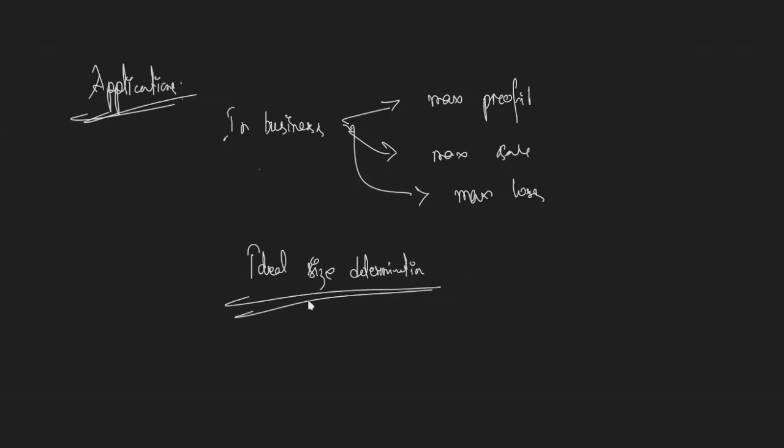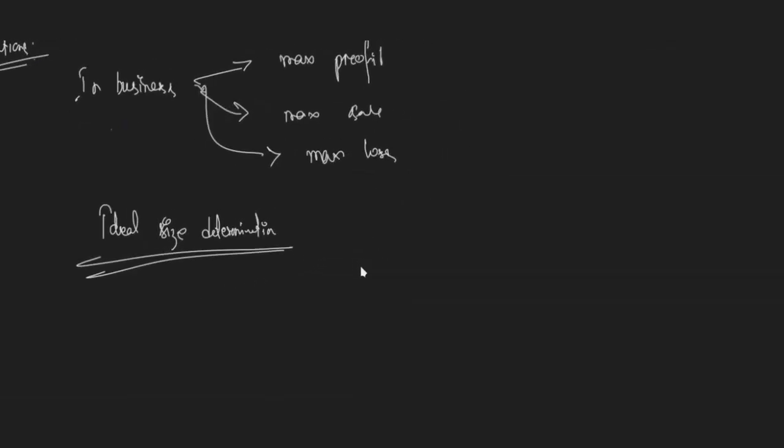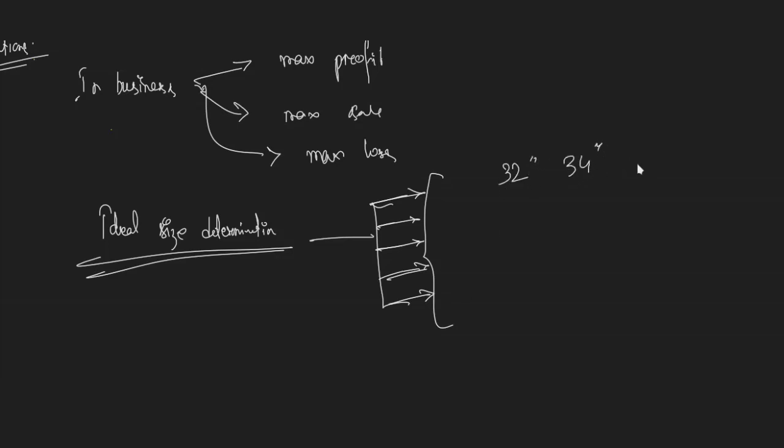Now, to explain ideal size determination: if you go to a shopping mall, you will see that the products are not kept in equal numbers, right? So for example, if you go to buy jeans, you will see that 32 for male, 34 for male or 30 for male are very common.